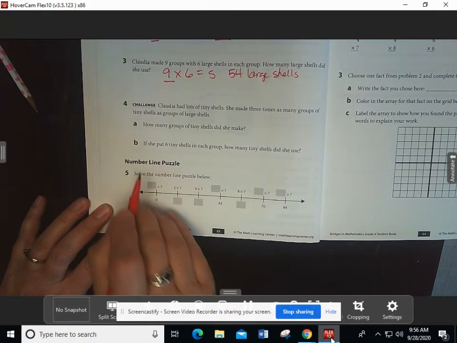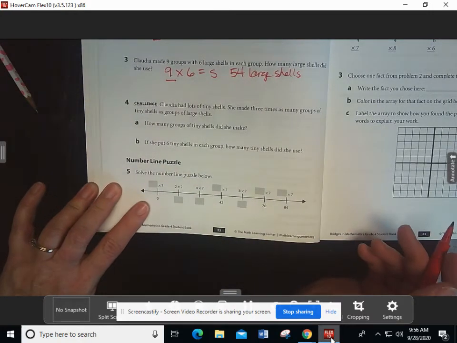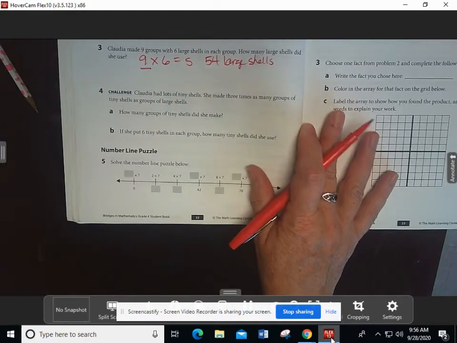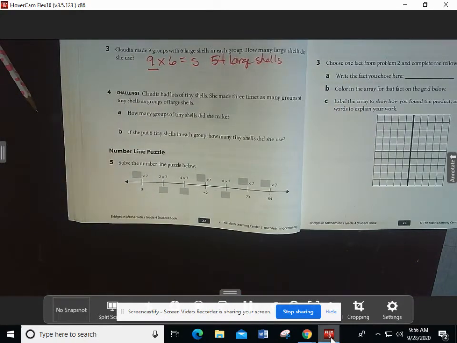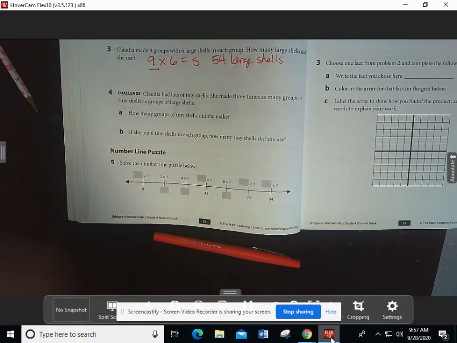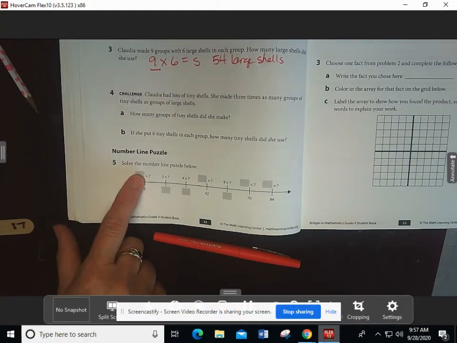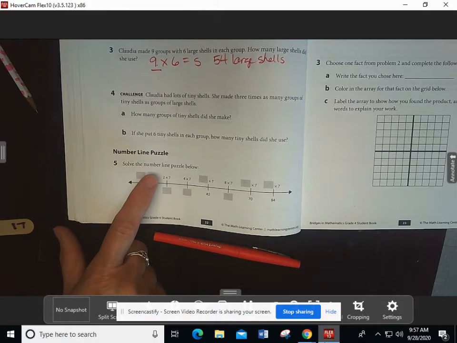Okay, we're not taking the time to do the challenge just because of time. I'm going to call people's sticks and people can come in and do our number line puzzle. You can say thank you or no thank you as I call you. Trevor. Kiona. Tucker. You have to fill this in, sir. Right here, you have to fill this answer in.